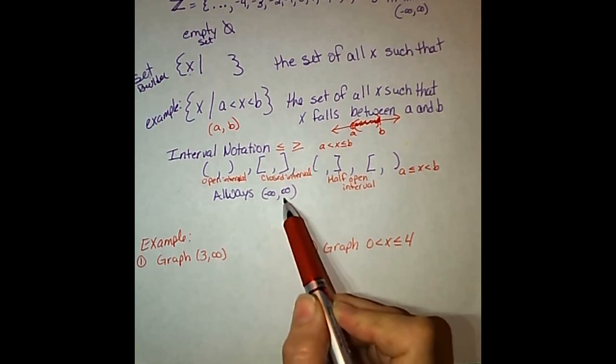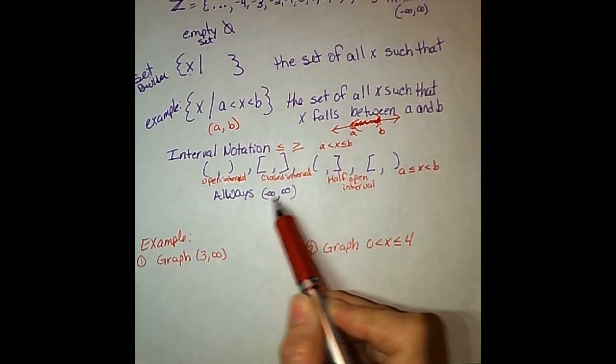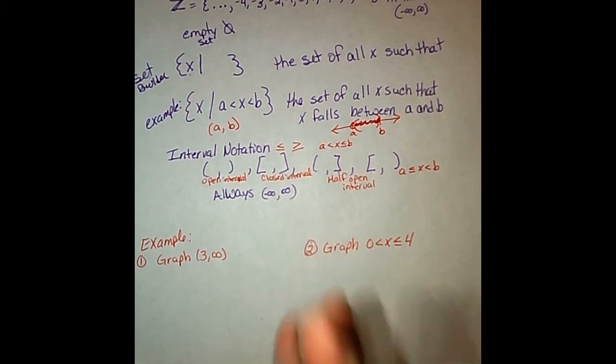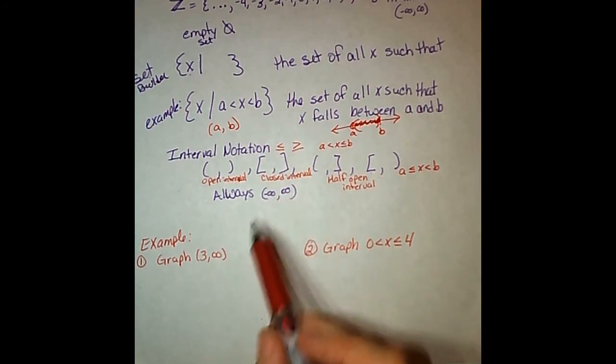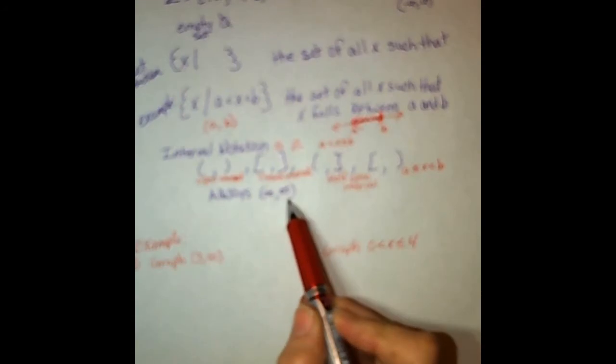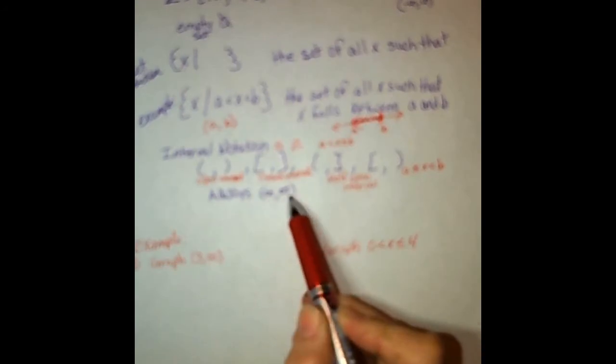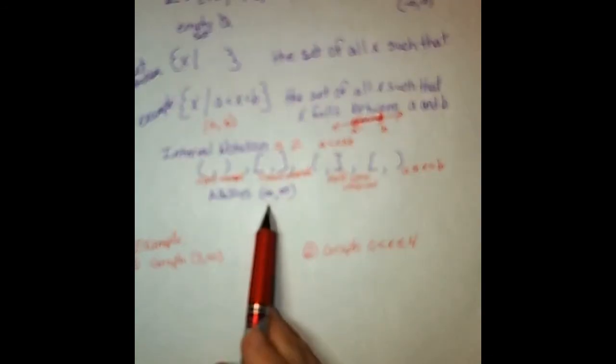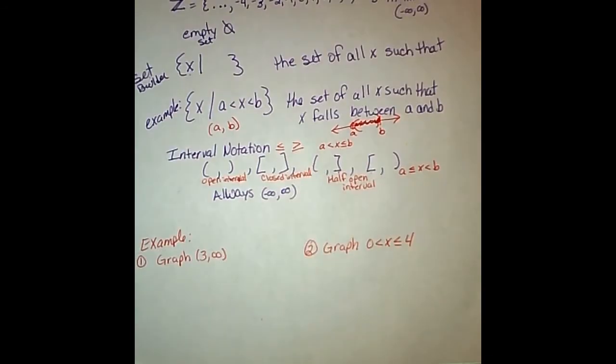Negative infinity and positive infinity. You can't stop either one of these. This means that it goes on and on and on, right? So we're going to have an open interval on both of those. So that's where we use parentheses. So anytime you have a negative infinity or a positive infinity, you always have parentheses.